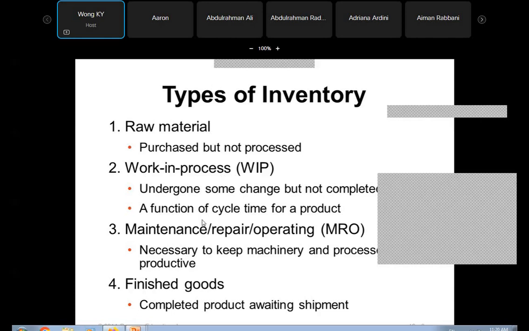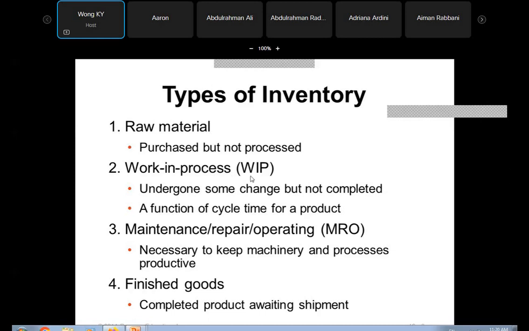Okay, it's not complete yet because a complete water bottle needs to have the cap, right? Not only the body of the bottle, but also the cap of the bottle. Right? So if the injection molding machine only produce the body of the bottle, then that is known as the work in process. So work in process means something that has undergone some process or some changes, but not completed yet.